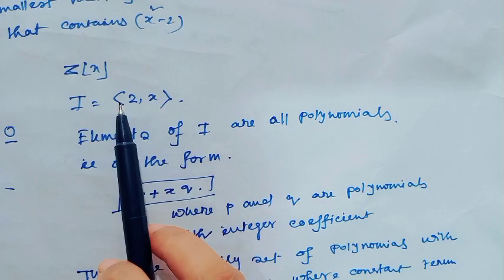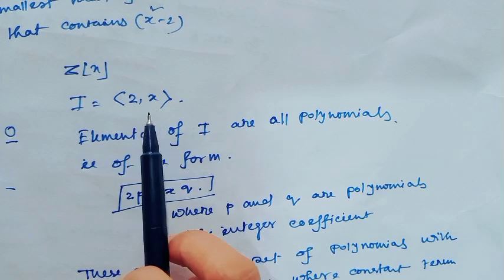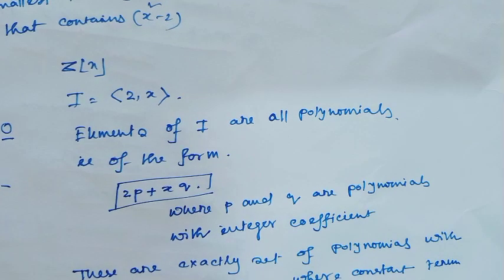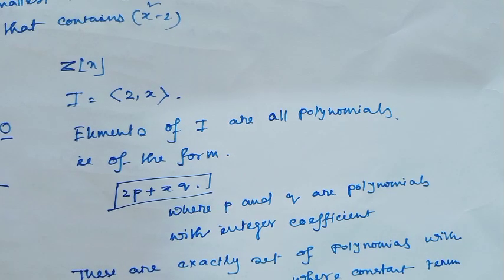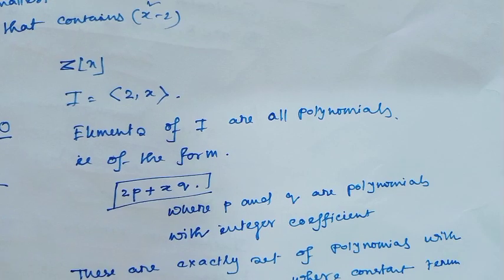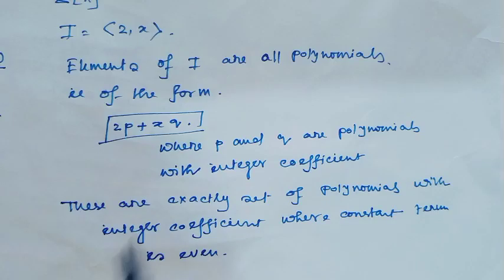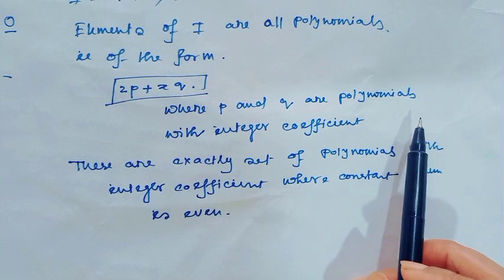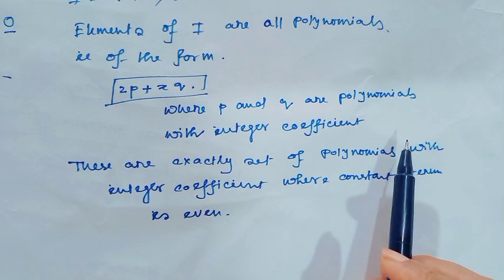As for example, in Z[x], the ideal generated by 2 comma x. Ideal generated by 2 comma x means all polynomials of the form 2p plus xq, where p and q are polynomials with integer coefficients.